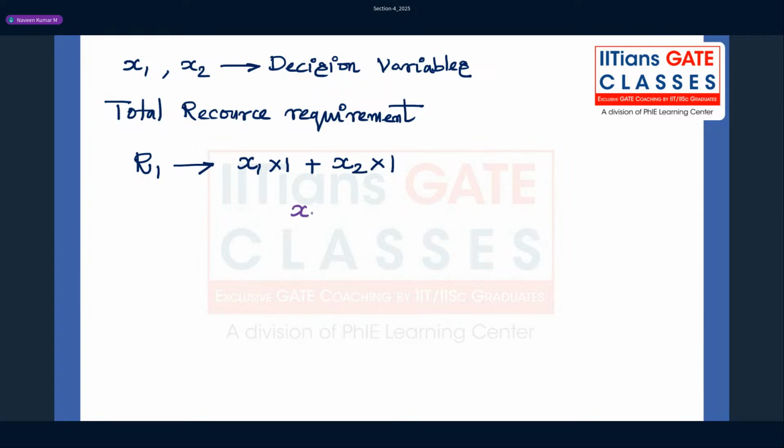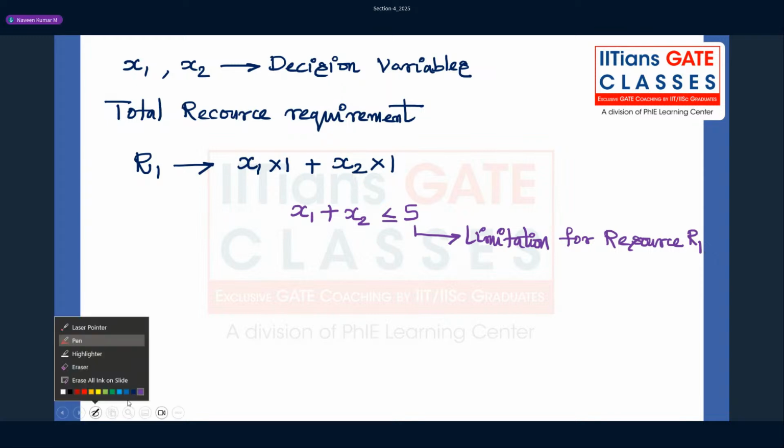I'll say this X1 plus X2 should be less than or equal to 5. And this is your limitation for resource 1. And that is your constraint.